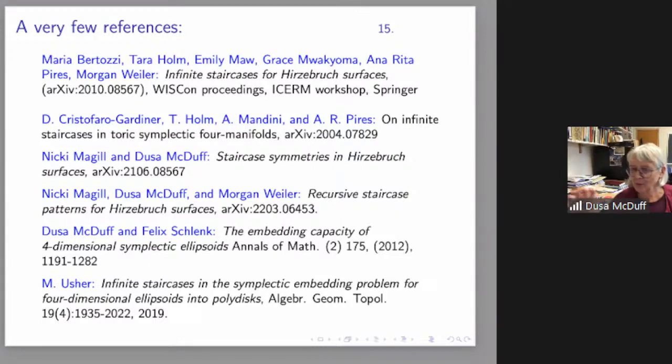So each of our classes has a center P over Q, and for the case of the Hirzebruch surface, the fundamental recursion seems to be that a pair P over Q goes to the pair 6P minus Q over P. That's a fundamental symmetry that takes you, say, from 6 over 1 to 35 over 6, to 204 over 35, and so on.